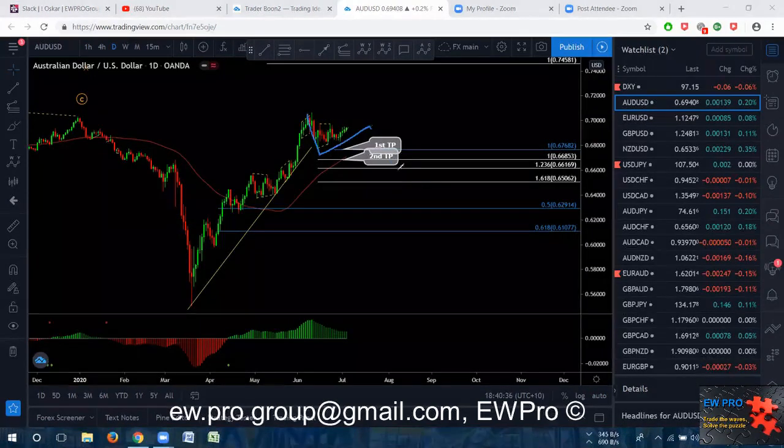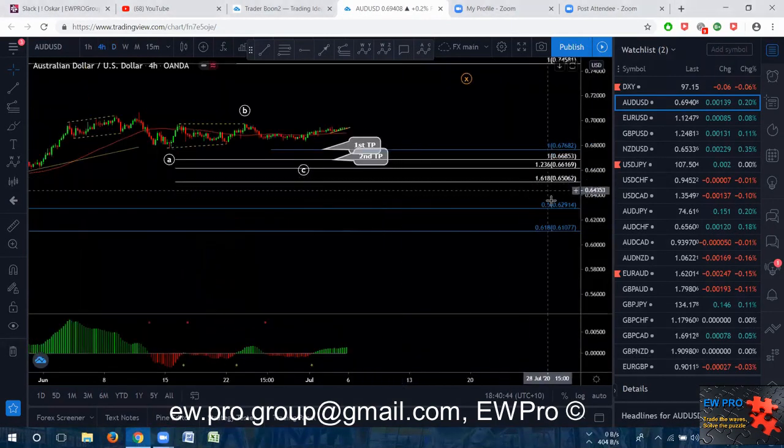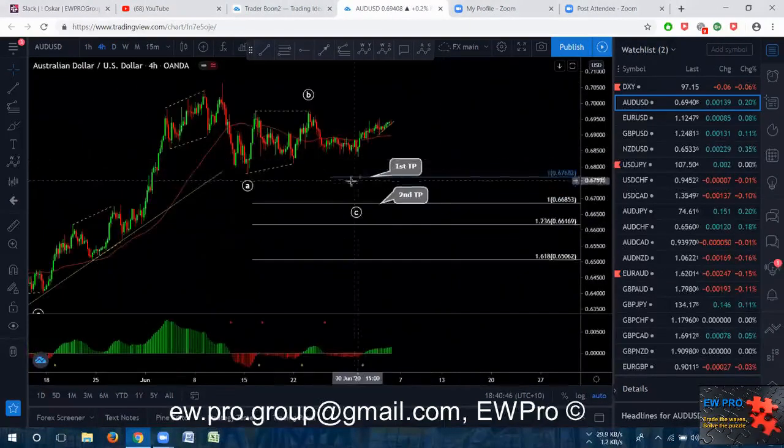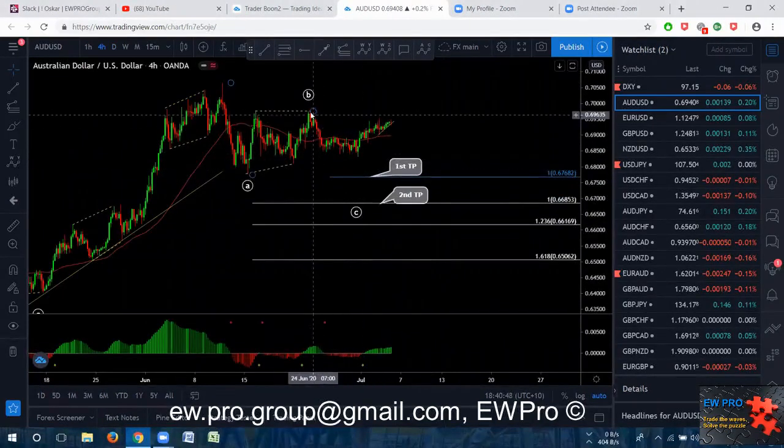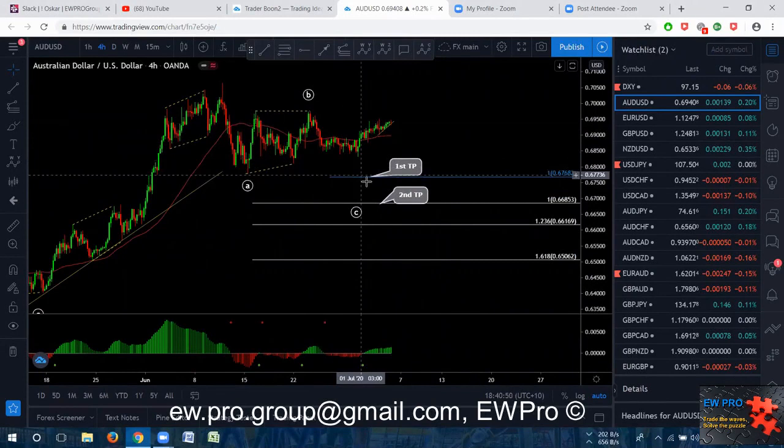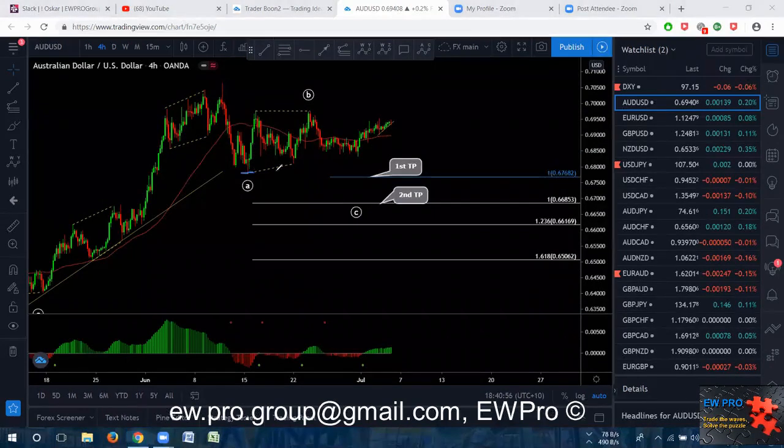Whatever happens in here, I'm looking for a larger correction before we get more upside. Now, if we go on to the H4, I put out a TradingView idea for the C down. We never got that. It never came down to the 100 fib, and price hasn't even broken below the wave A. So that's telling me we're getting a larger correction in here.